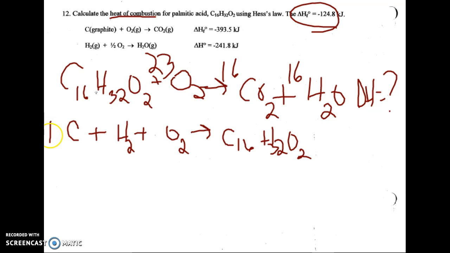I'm going to have 16 of these carbons, 16 of these hydrogens, and one O2, and that value is negative 124.8. I just need to manipulate all of the equations I have here and these up here to be able to solve for this equation.